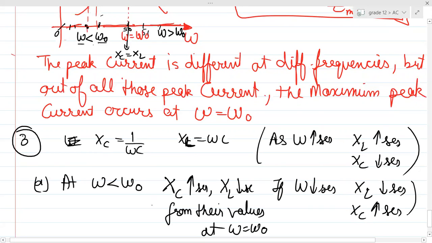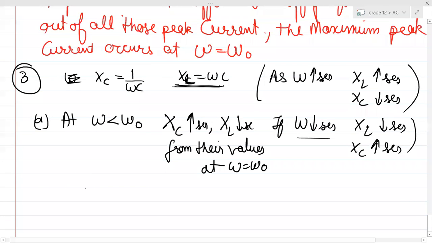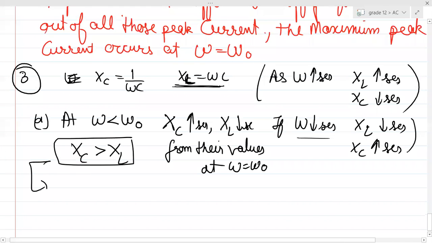Is this clear, guys? Since I am decreasing the frequency, this will happen, so can I say XC will become more than XL? If XC becomes more than XL, that implies the circuit is having capacitive impedance.